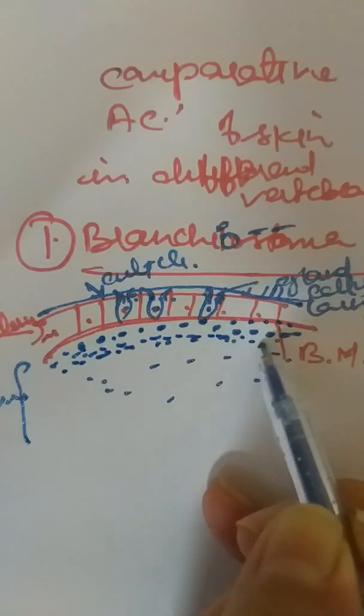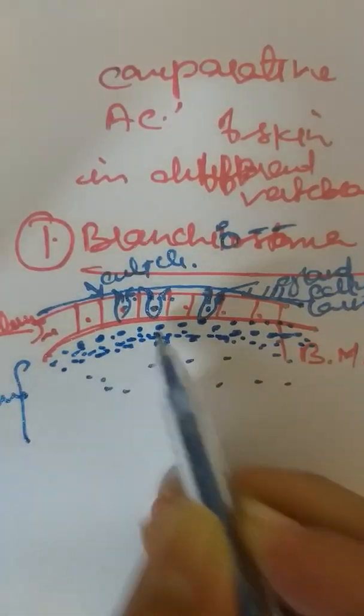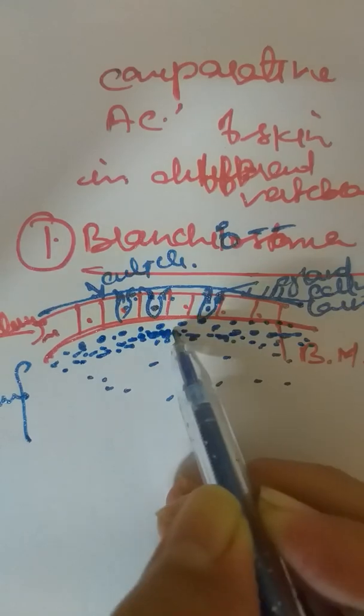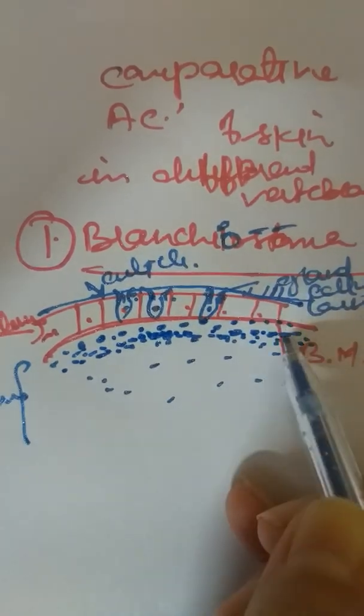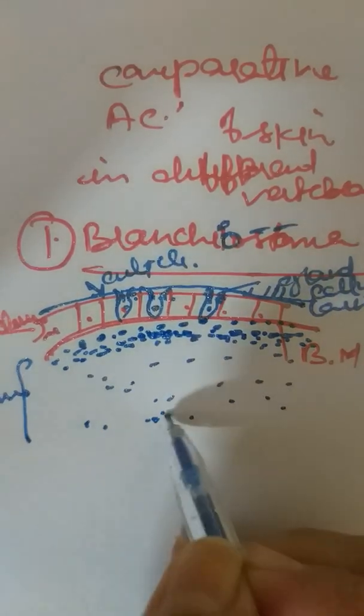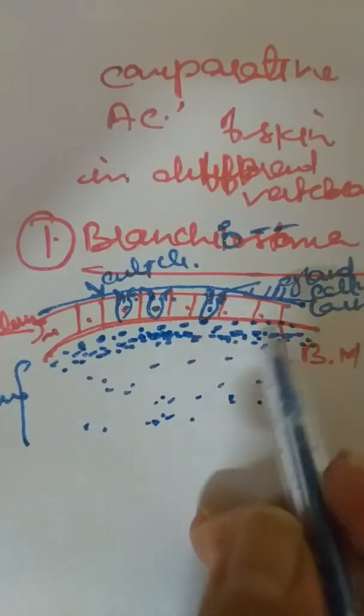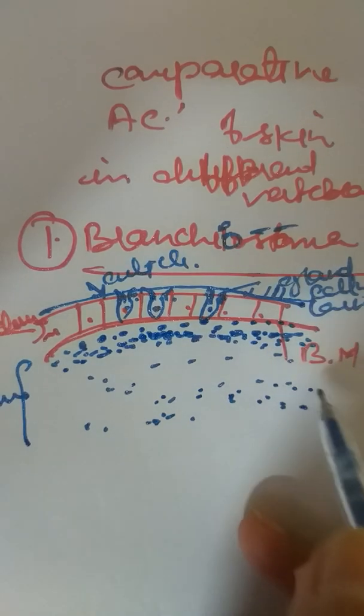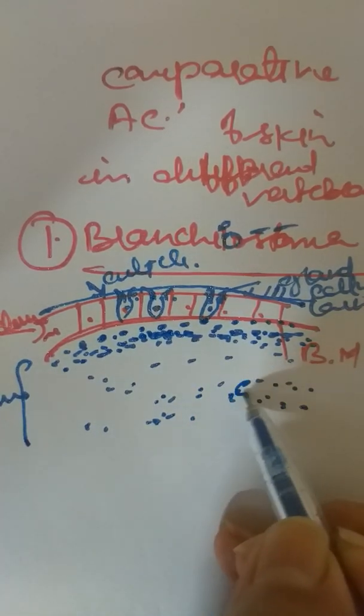I think you will be able to differentiate. The outer layer is the compact layer, and the inner layer is the spongy layer. Within the spongy layer, it has, let's say, blood vessels.